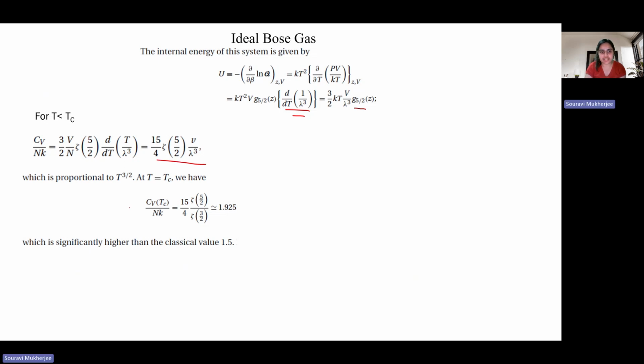This is again proportional to T to the power 3 by 2. So again you can write explicitly, convert lambda cube in terms of G, and because Z is 1 in this limit, you can consider Z to be equal to 1.